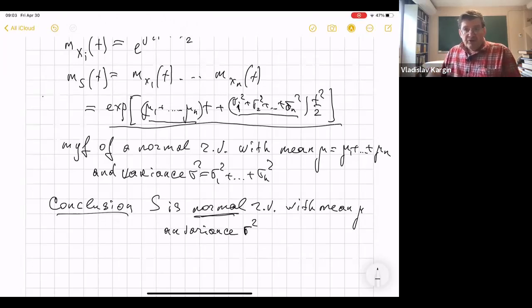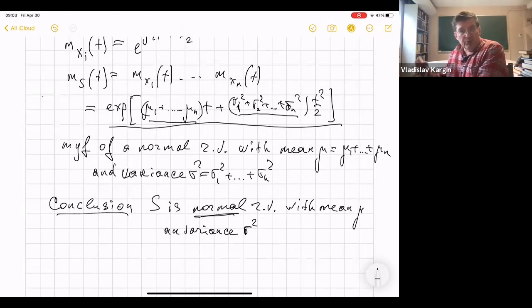You can ask what happens if they are not independent. The nice thing about normal random variables is that if they are jointly normal, then the sum will still be normal. We are not talking about this here.